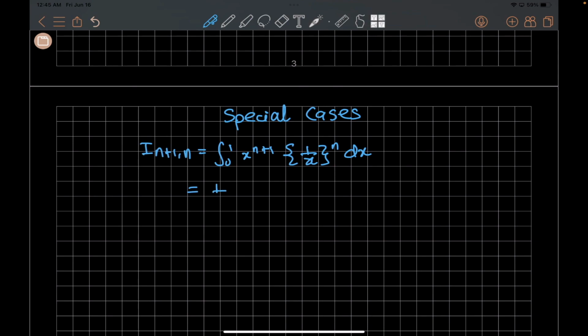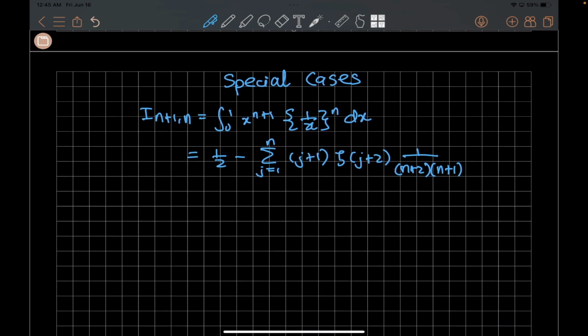So this equals 1 half minus the sum j equals 1 to n of j plus 1 zeta of j plus 2, over n plus 2 n plus 1. And the other one is with p equals n, q equals n. This is saturating the inequality.